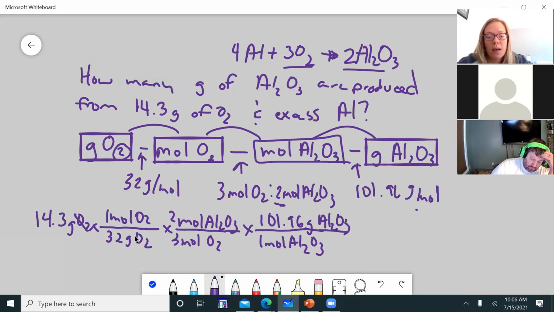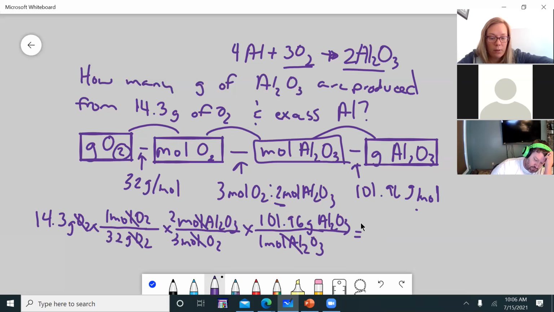The grams of the oxygen cancel, the moles of the oxygen cancel, the moles of the product cancel, and we should just be left with grams of the product. And we plug it in. Might want to do the same thing just to make sure you're getting the right answer.